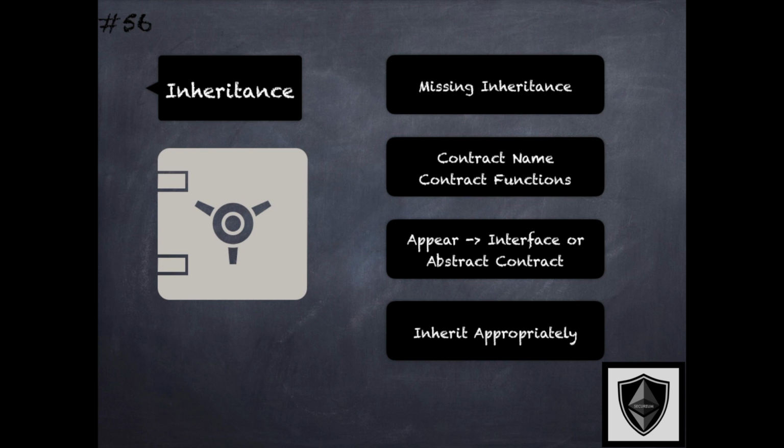So the best practice here is to make sure that the inheritance is done appropriately. If there are similarly named contracts where they do not actually inherit from each other, then the name should be changed. But if they are, in fact, meant to be inherited, then specifying that inheritance will help.